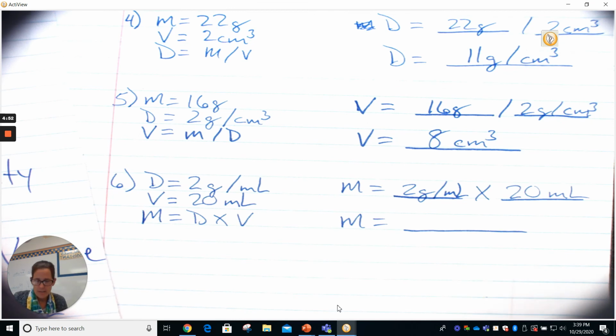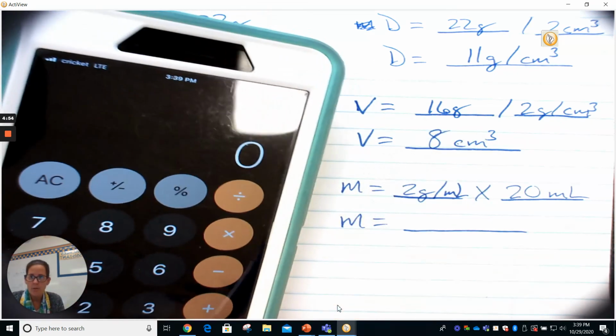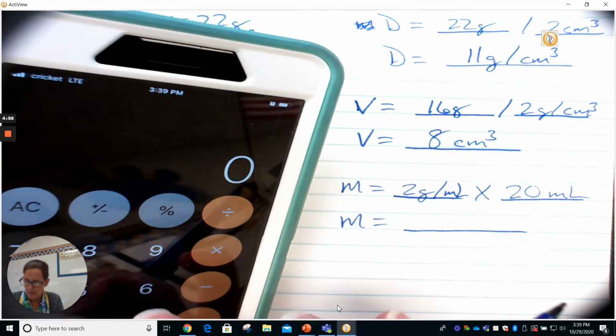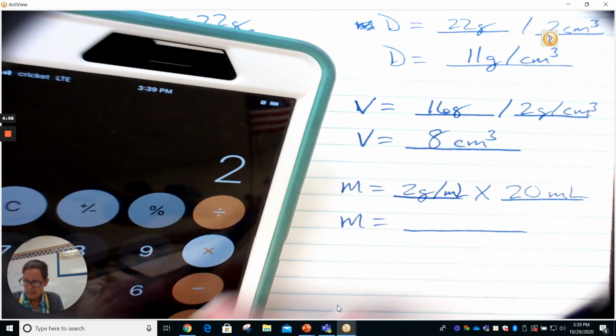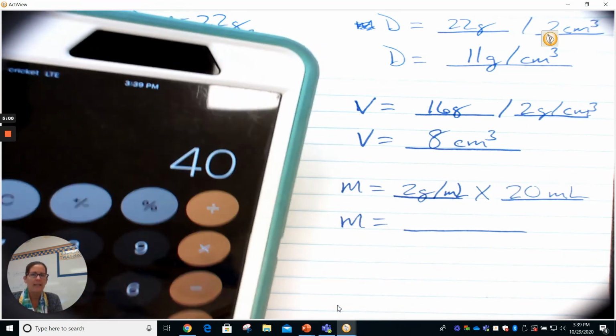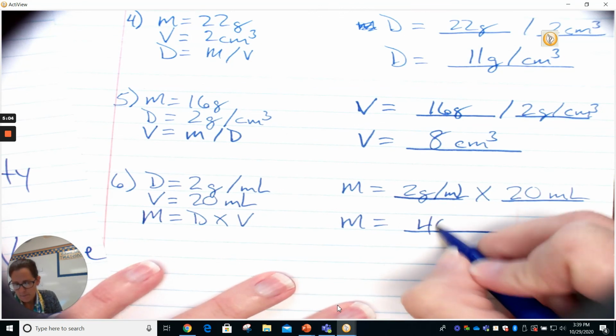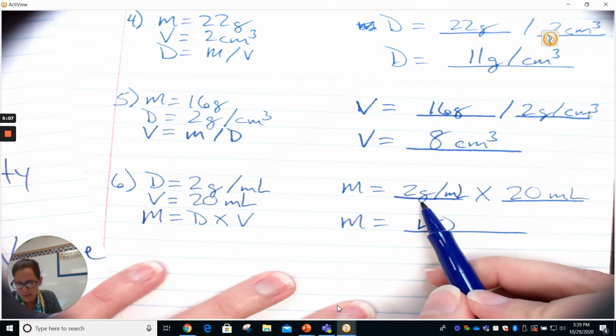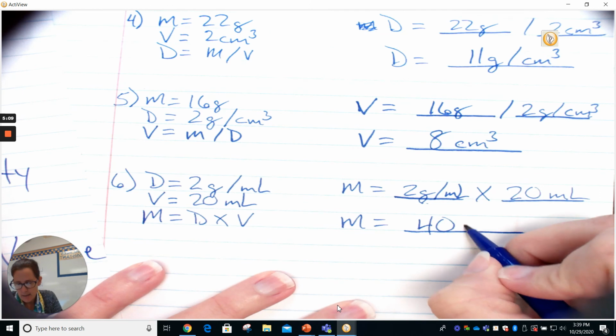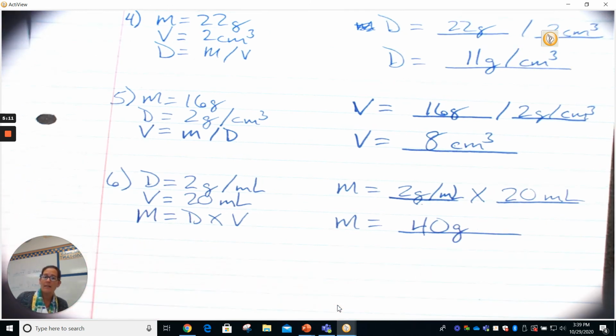If you want to plug this into your calculator, you can. If you already know just by looking, that's fine too. But we're going to put 2 times 20, and that is 40. So our mass is 40, and there's our unit right there. So we're going to grab that and bring that down. So number 6, our answer is 40 grams.